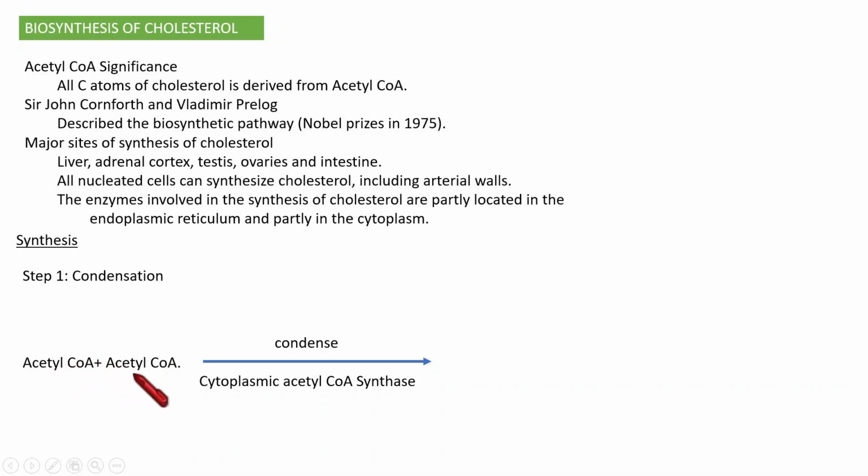So two acetyl-CoA are condensing, and the enzyme, as the name of the compound suggests, is acetyl-CoA synthase, located in the cytoplasm. What is forming? Acetoacetyl-CoA, because two acetyl groups are joining.